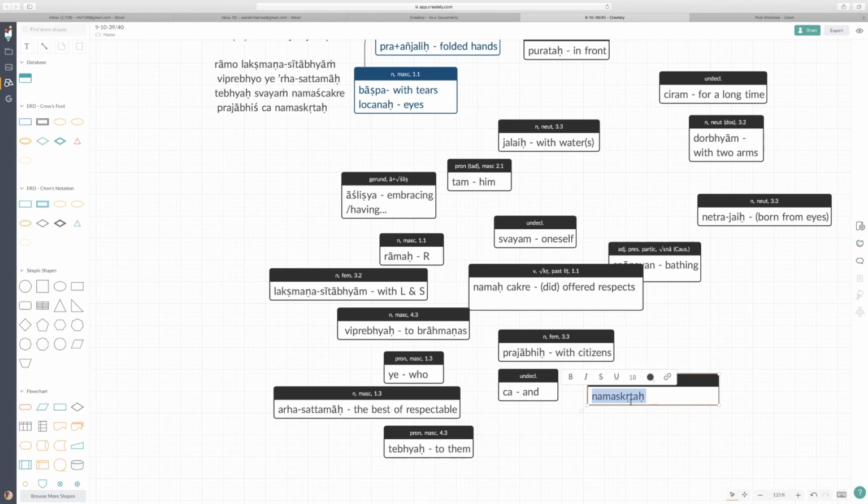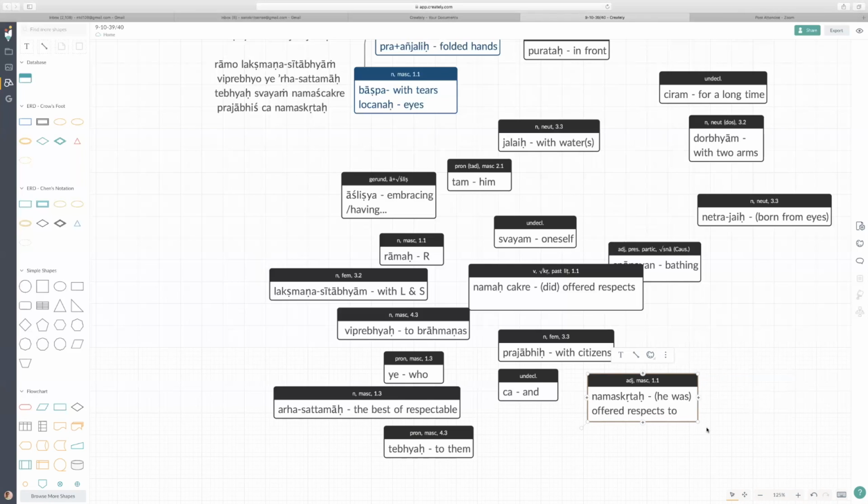So how can you make it passive in English? To offer obeisances, can you say it in a passive voice? Offered obeisance. Respects to, okay? Offered respects to, like somebody was offered respects to. All right, so now why is it "to"?